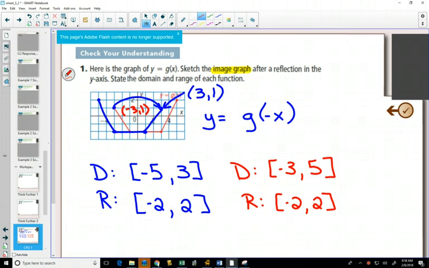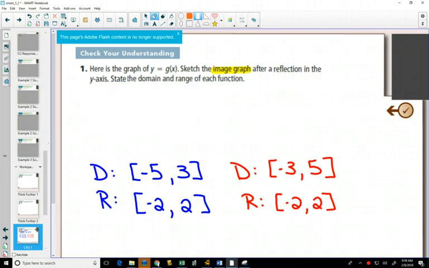So what we have opening up for us are a bunch of questions that could be asked. We've learned one little concept, but now that concept could open up many kinds of questions. We were able to figure out the domain and range because we had the graphs. But if I took away the graph, and the question said, here's your original domain and range, and you reflect it over the y-axis, could you find these blue domain and ranges without having the graphs?